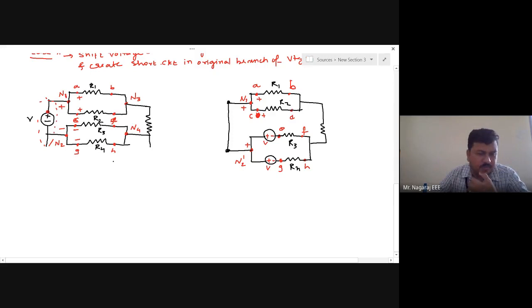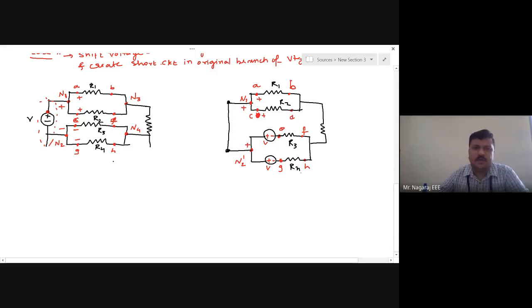This is one more technique of circuit analysis, and we will be using these techniques to get equivalent circuits of that sort. There are various techniques of circuit analysis. This is one among those. Now, are the things clear?